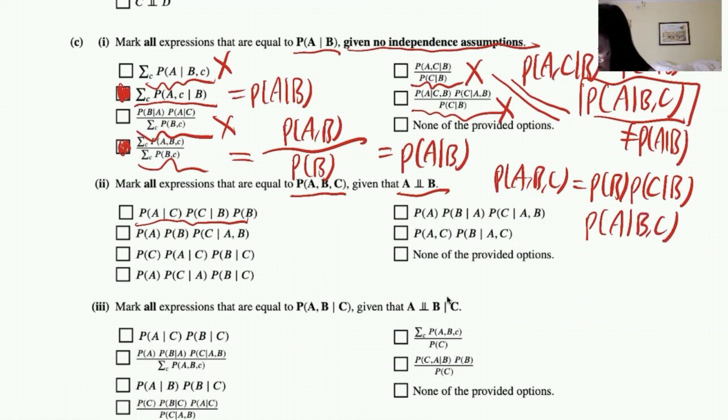So for the first item, we need to compare the probability of A given C with the probability of A given BC. But these two are not necessarily equal, because from the independence of A and B, we only know that the probability of A is equal to the probability of A given B, but we have no knowledge about how the probability of A given C compares with the probability of A given B and C. So this is not equal.